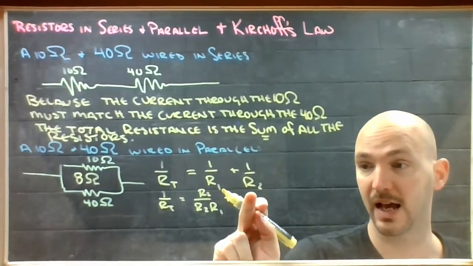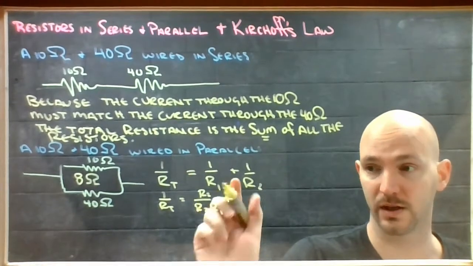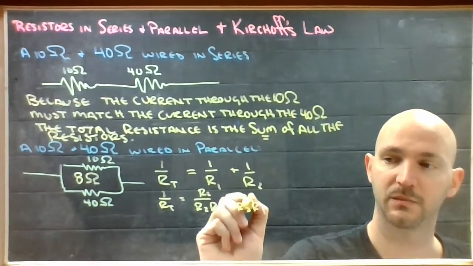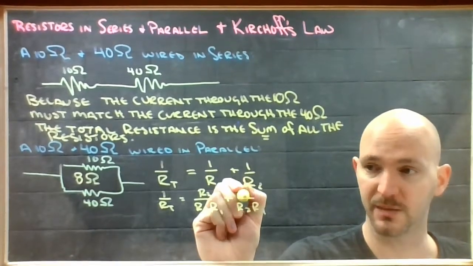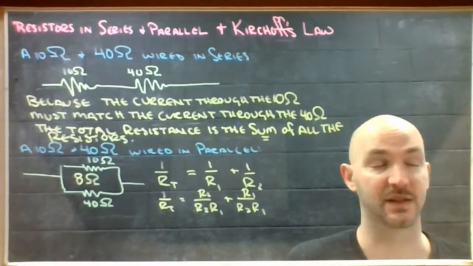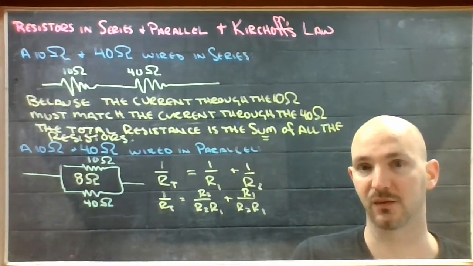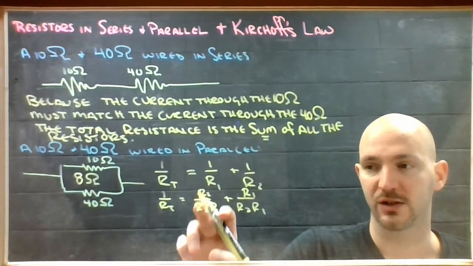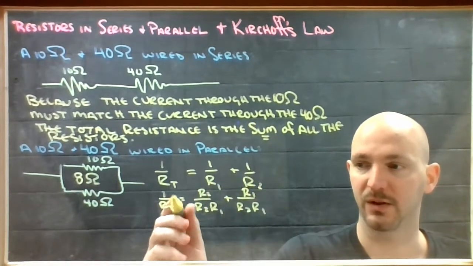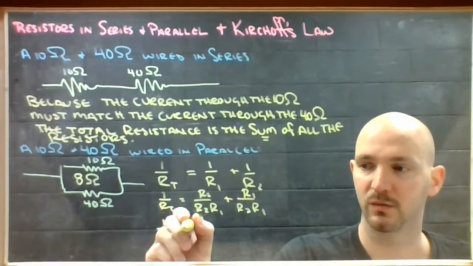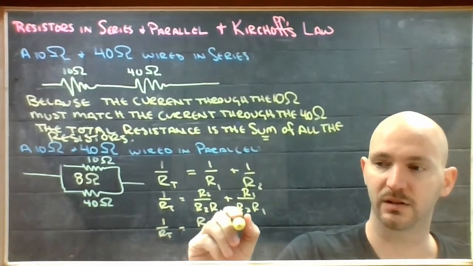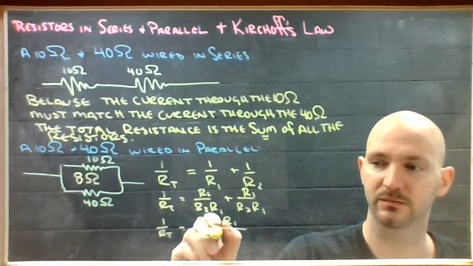This fraction already has the R2, it needs the R1. So I'll introduce the R1 to the bottom. But if I introduce the R1 on the bottom, I have to introduce it on top as well. This is just common denominator basic fraction operations. R2 of these plus R1 of those would be R2 plus R1 of these.